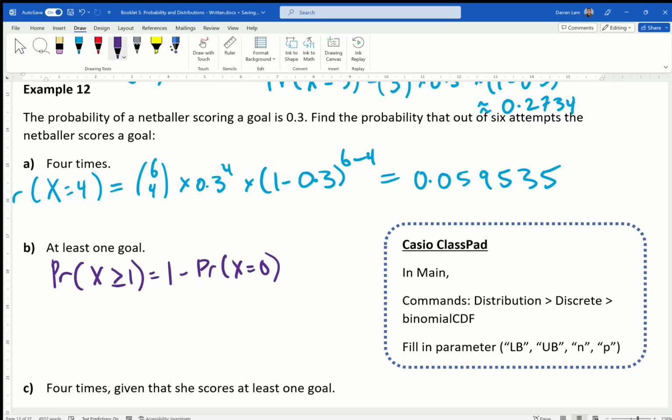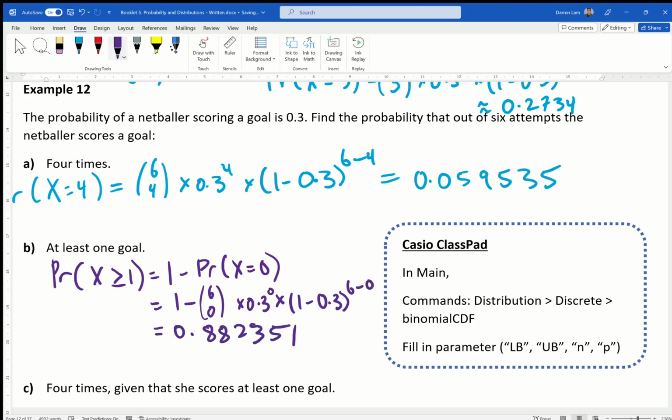And then you would do the same thing and solve, and you end up with 1 minus 6 choose 0, combination, multiplied by 0.3 to the power of 0 times 1 minus 0.3 to the power of 6 minus 0, which gives you an answer of 0.88231. And this is doable by hand. You see how there's a discrepancy between having to apply multiple calculations in decimal form, but barring that last step, right, it's doable by hand.